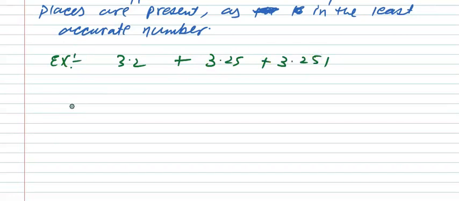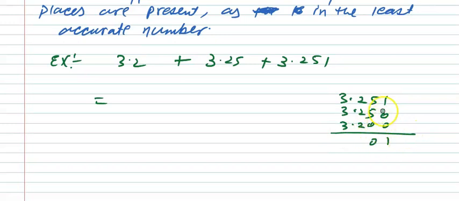Doesn't matter if it is lengthy or not. You have to do the simple addition first. That is 3.251, 3.25, and 3.2, and after addition the answer is 9.701. Getting it? Yes or no?